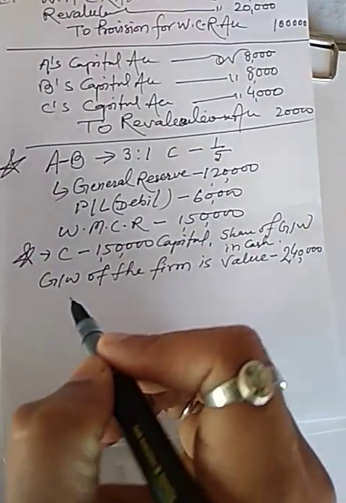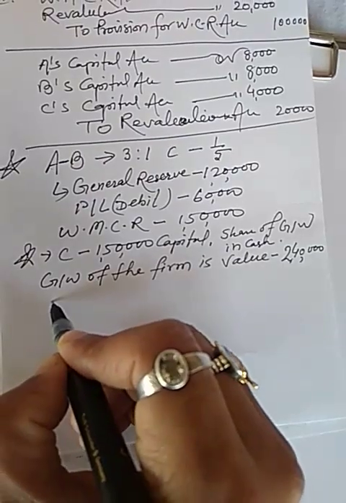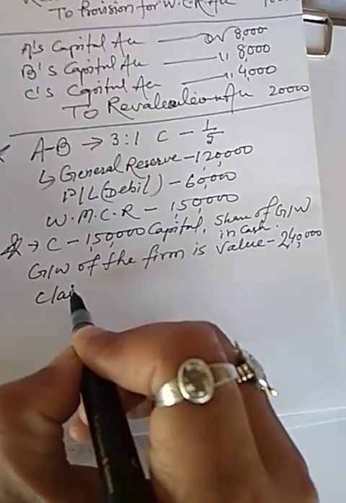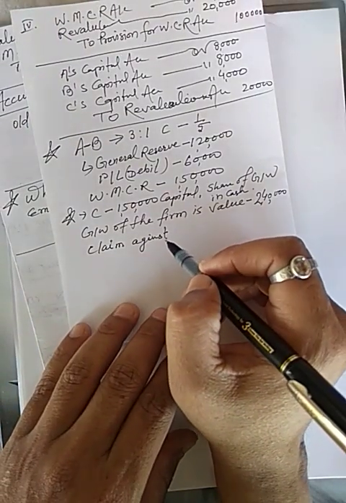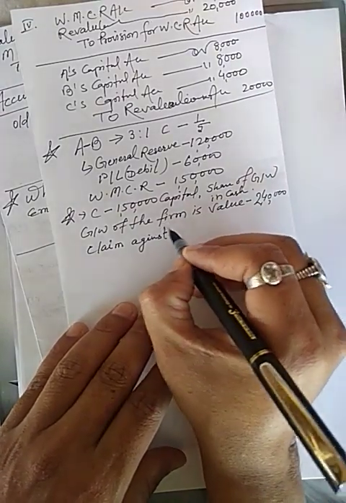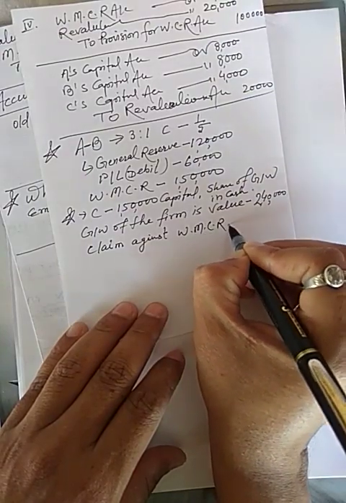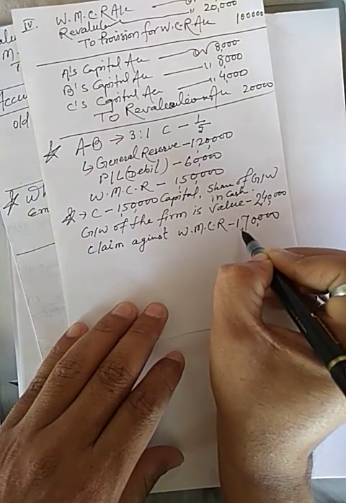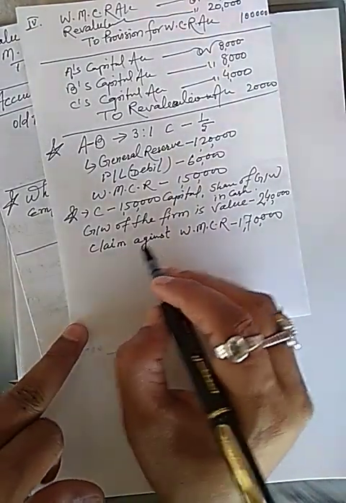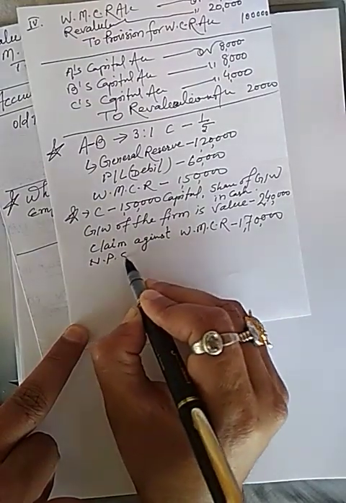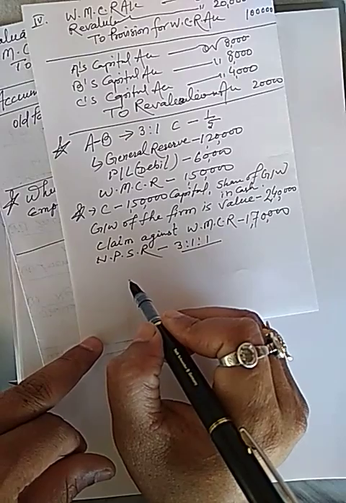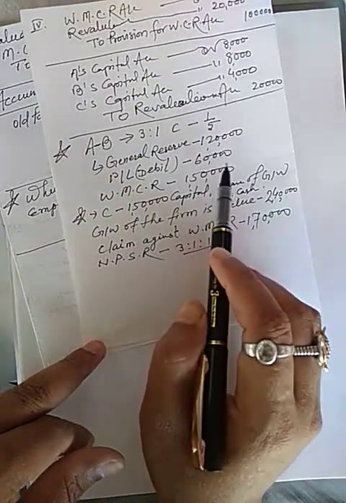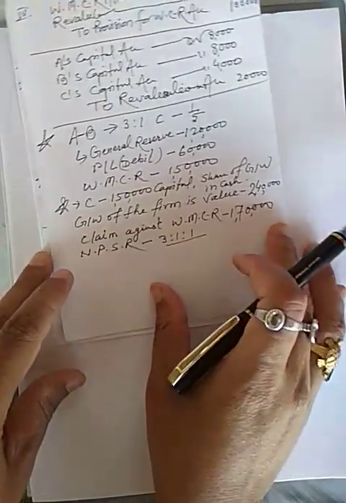Now there is a claim against the workman compensation reserve of 1,70,000. The partners decide the new profit sharing ratio will be 3:1:1. Pass necessary journal entries on the admission of C. This is your question. I repeat once again.